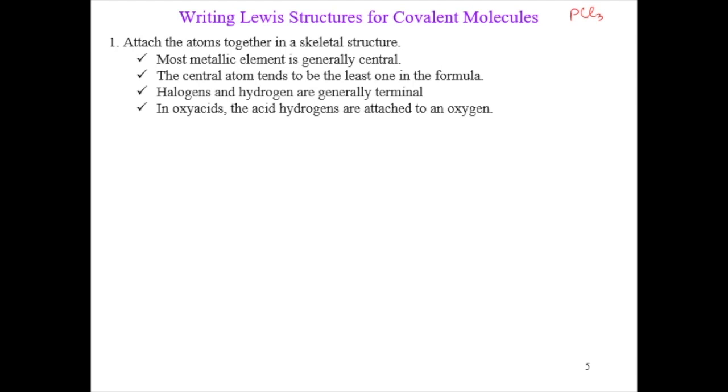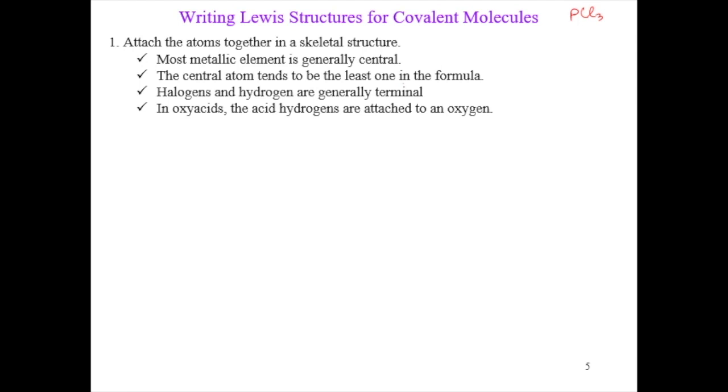The first rule is to attach the atoms together in a skeletal structure. How would you do that? The most metallic element is generally in the center, or the central atom tends to be the least one in the formula. This compound consists of phosphorus and chlorine atoms. Which of these two is more metallic?